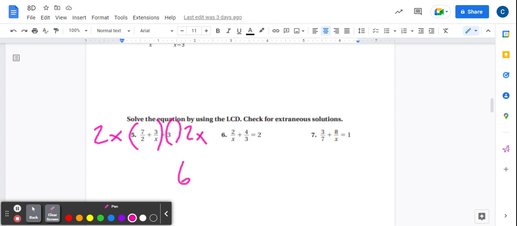So 3 times 2x is 6x there. The 2x times 7 over 2, well, the 2 and the 2 are going to cancel out, so that's going to leave us with 7x. And then if we have 2x plus 3 over x, well, the x on top and the x on the bottom are going to cancel out, so we're going to have 2 times 3, which is 6.